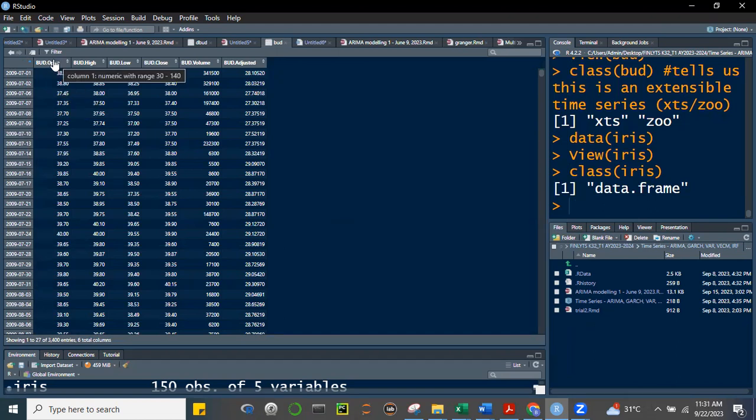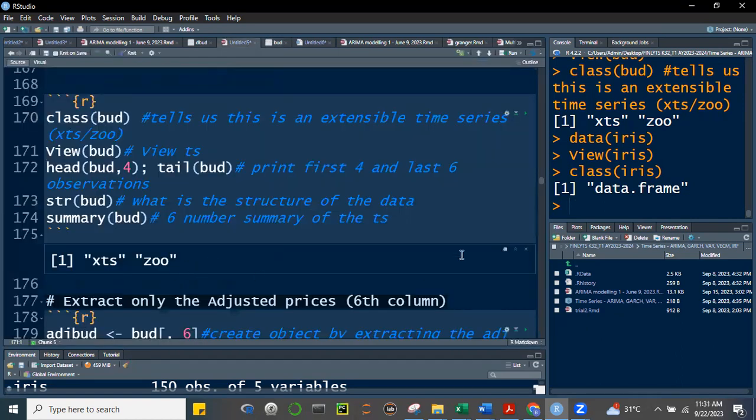If the dates are just another column, just another variable, I've experienced that in the past. Sometimes it's difficult. It's quite difficult to work with data where your time component, your date component, is part of your column. Here it is really segregated as an index. So that's what you need to remember about XTS or zoo.